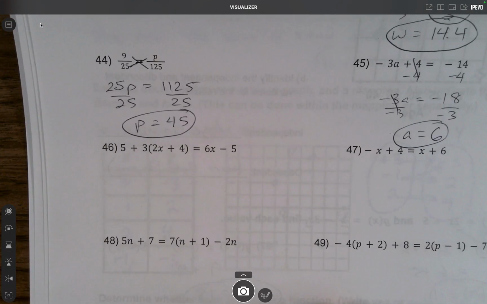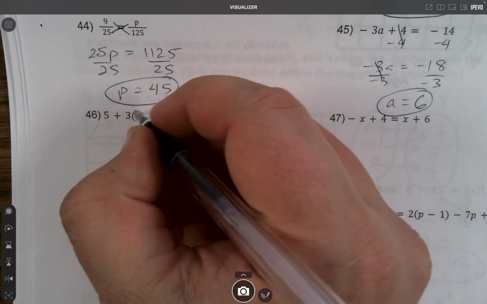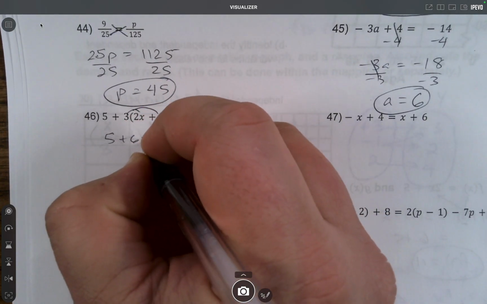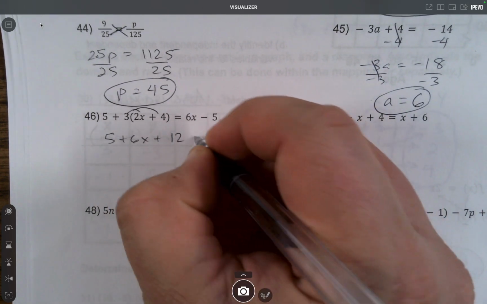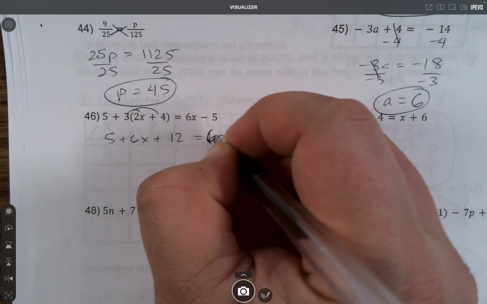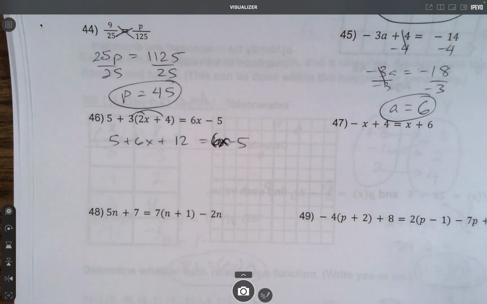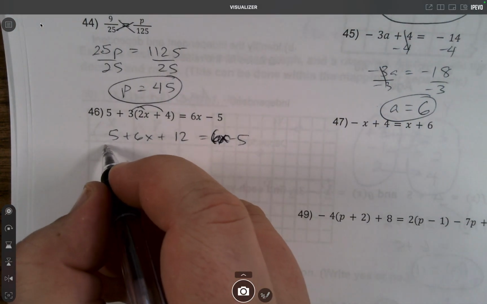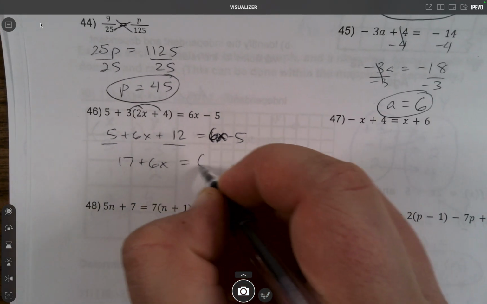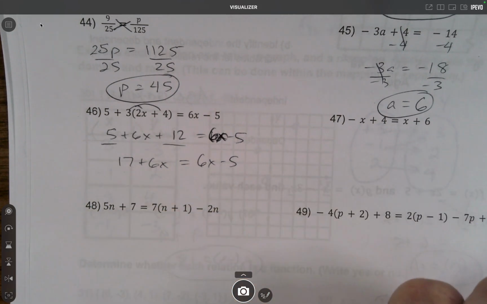All right, 46, we've got some distributing we need to do first. So I'll multiply 3 times 2x and 3 times 4. Sorry, this would be 6x, my fault. Not sure what I was writing there. I can combine the 5 plus 12 and get 17 plus 6x equals 6x minus 5.